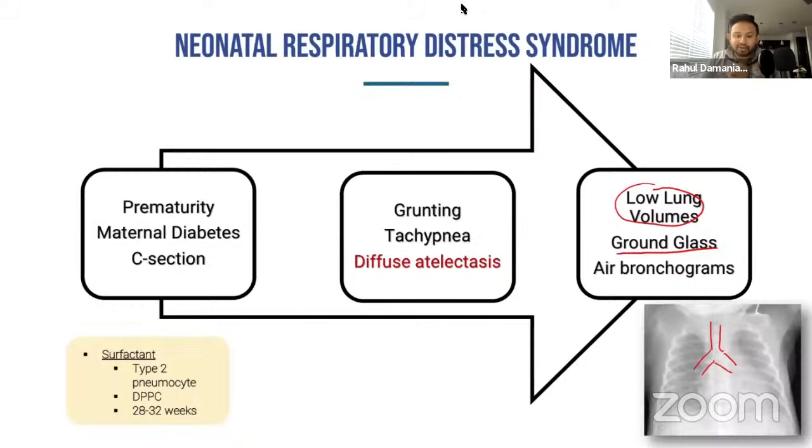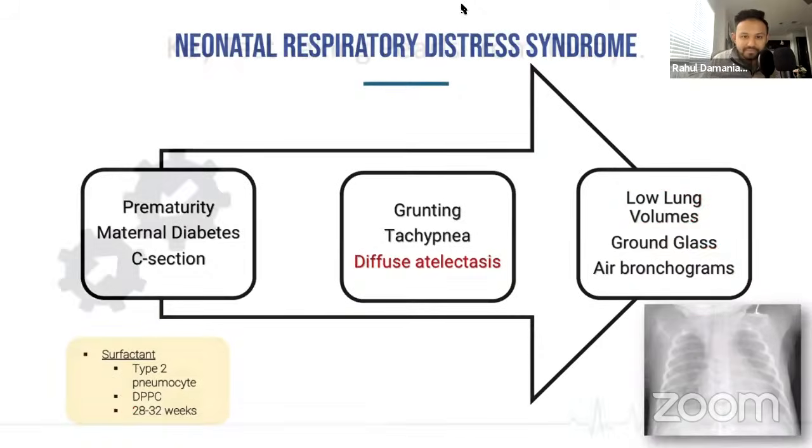The air bronchograms are going to show up. Surfactant key take-home principles. Remember, lung maturity is going to start at 28 and end at around 32, 33 weeks. Surfactant is made up of lecithin, which is dipalmitoyl phosphatidylcholine, and it is made from the type 2 pneumocyte.